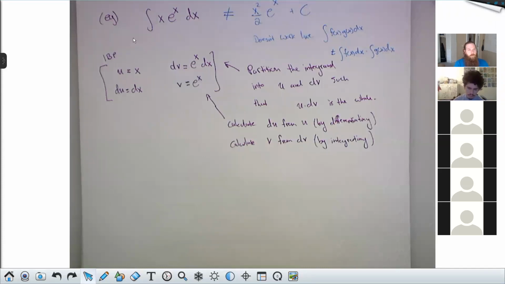So every time you want to use IBP, you're going to make a little table like this. You start by partitioning your integrand into u and dv. You choose part of your integrand to be u, part of your integrand to be dv, and you make sure that when you multiply them, you get the whole thing up here exactly as it was in the original. Once you've chosen how to split your thing up into u and dv, you differentiate u to find du, and you integrate dv to find v. Now you apply the formula.